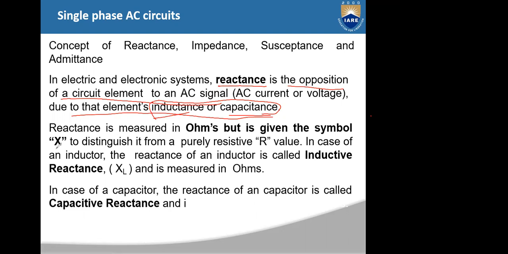It's represented with the symbol X, whereas we represent the resistance with R. If it is a reactance offered by the inductor, we are calling it the inductive reactance. And if it is a reactance offered by the capacitor, we are calling it a capacitive reactance, and we are representing it with XC.